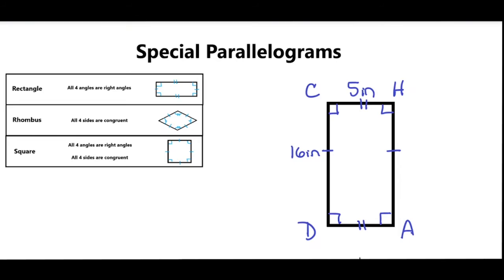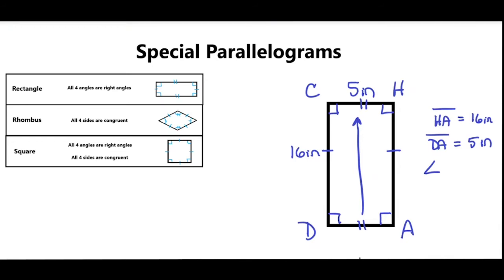So if I ask for the length of HA, well, that's going to be the same as CD, which is 16 inches. What about the length of DA? Well, DA is the same as CH because this is a parallelogram and opposite sides are congruent. So that means that DA is 5 inches.